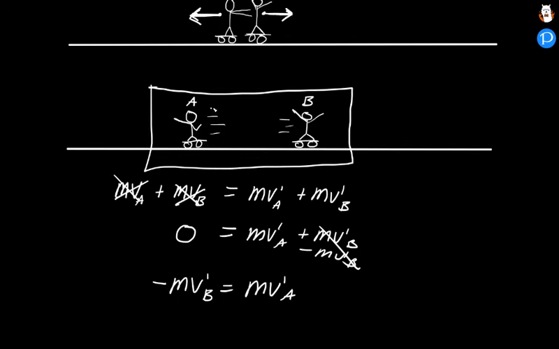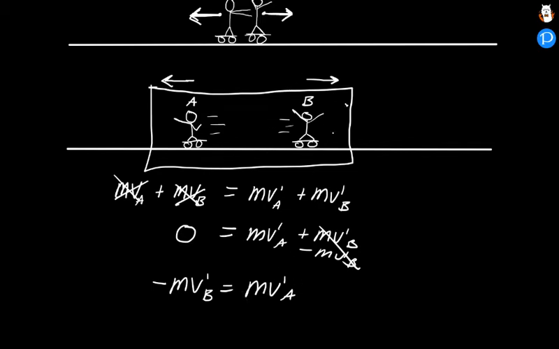Guy A here has some momentum this way, and guy B here has some momentum this way. They're both the same magnitude but different directions, and so yes, within this system the total momentum is still zero, because the negative momentum here will cancel out the positive momentum of this guy.